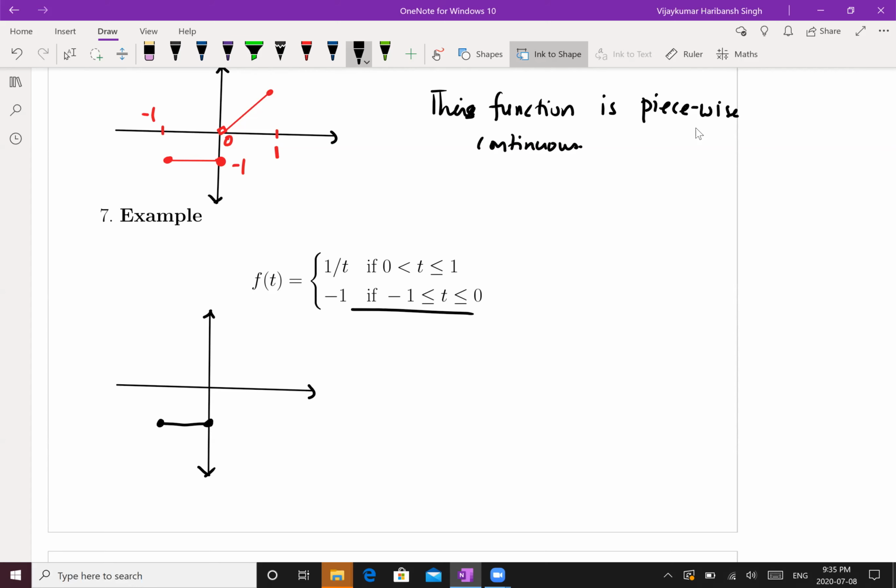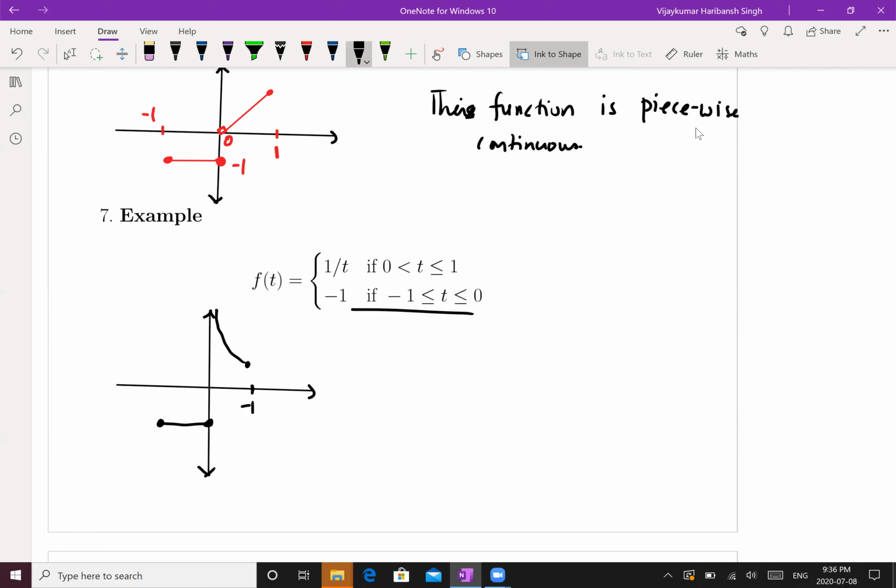And from 0 to 1, it's given by 1 over t. So you can see that it has an asymptote like that.